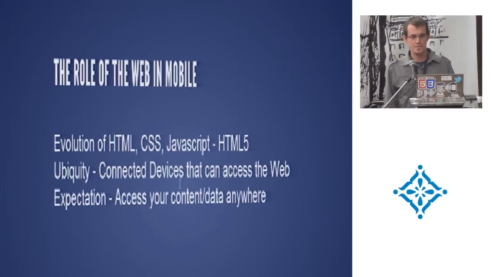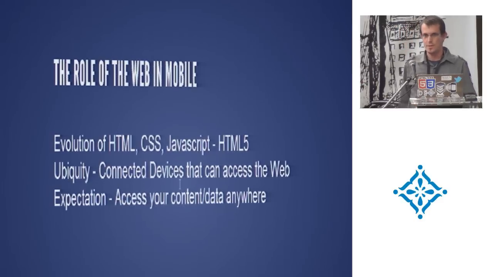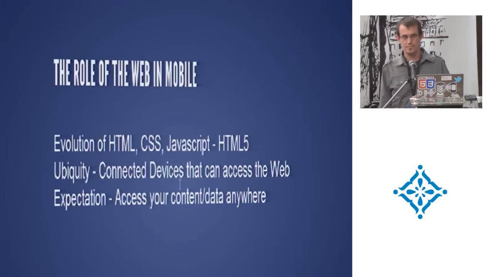And we also see ubiquity. We have so many connected devices that can access the web. Basically, your car can access the web. Next thing, your TV too, and your phone. Everything can access the web. And also the expectation from a user that you can access your content and your data anywhere through the web.